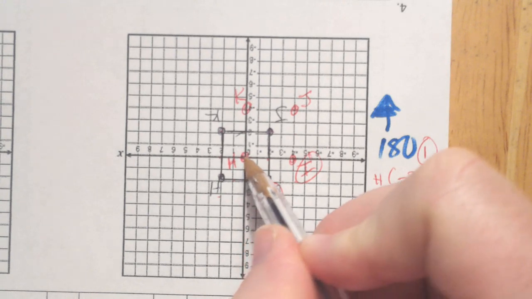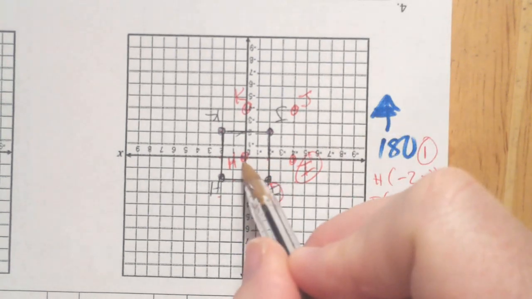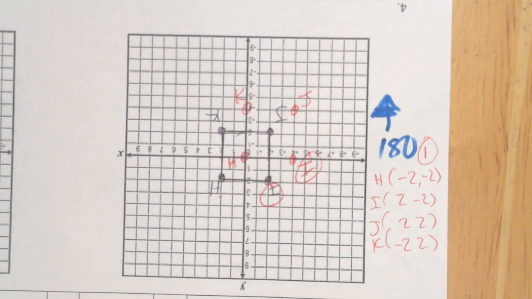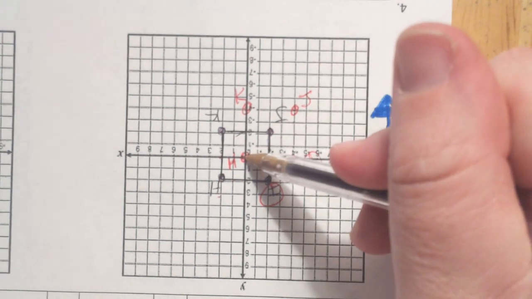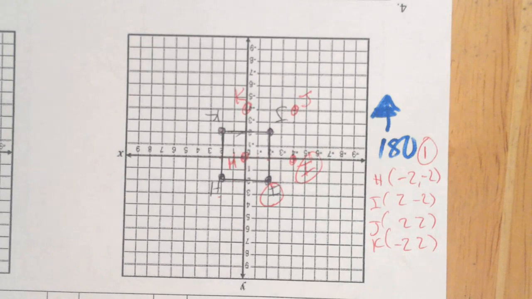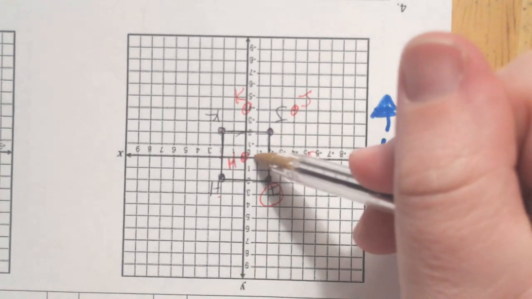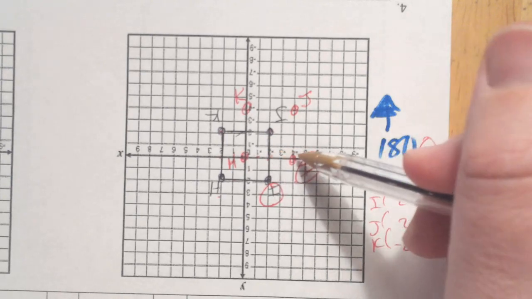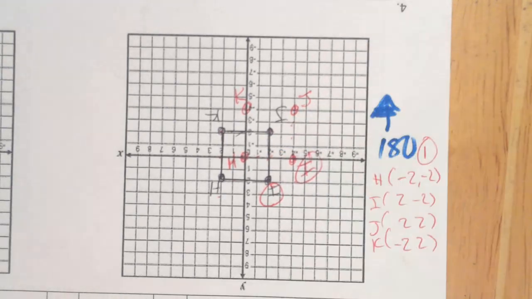So where were those coordinates? Your H is 0, 0. Your I is 1, 2, 3, 4, so it's +4, 0. Your J, 1, 2, 3, 4, 1, 2, 3, 4, so +4, +4.